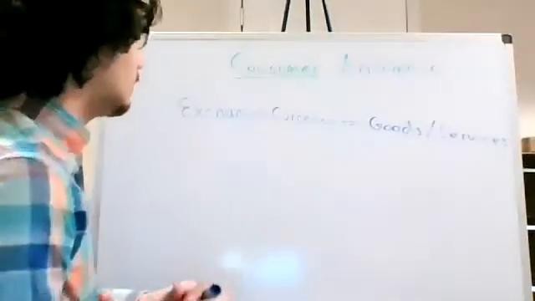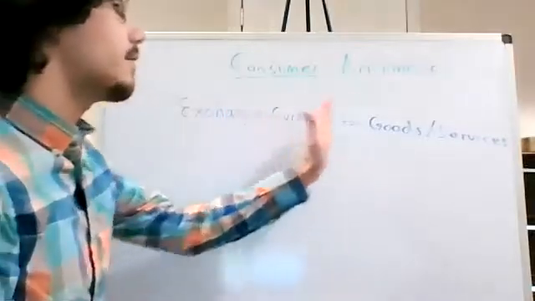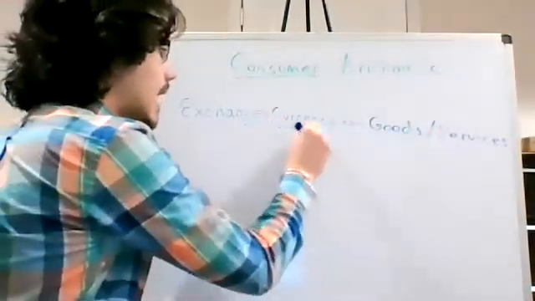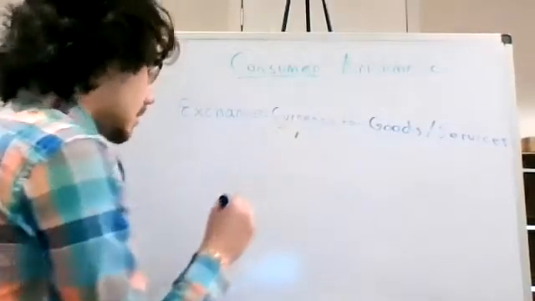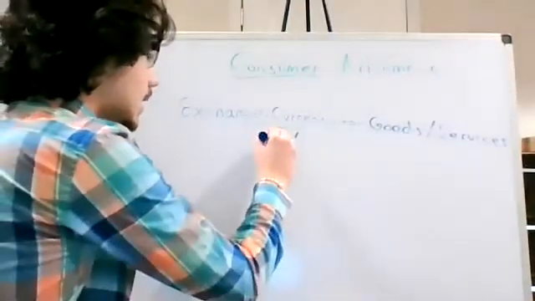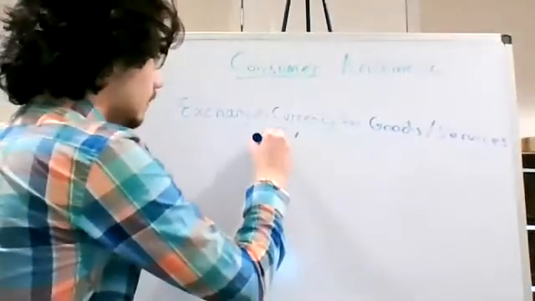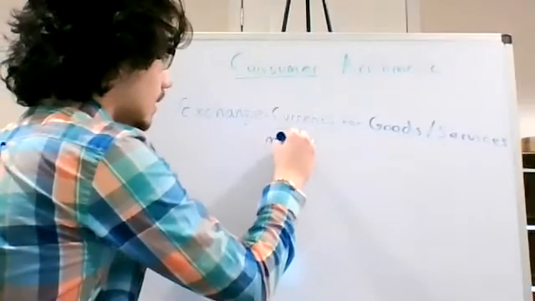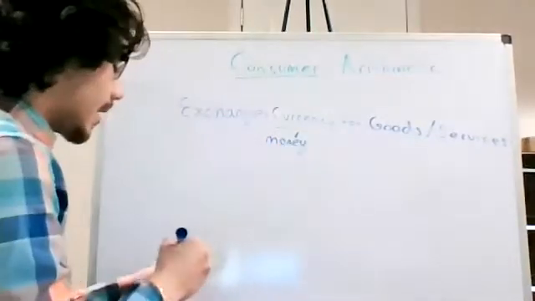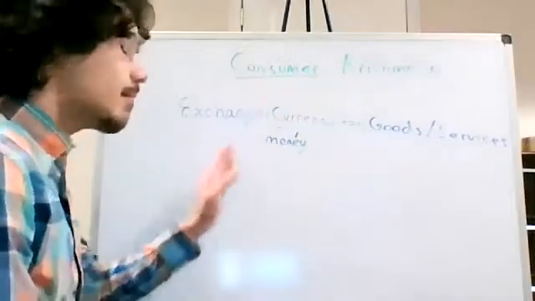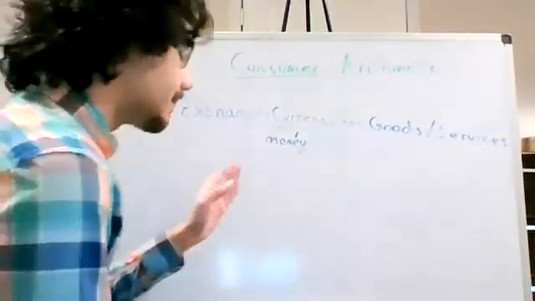Now, when we exchange currency for goods and services, the main thing we look at is currency, because currency is essentially money. And this is where all of the math comes in for consumer arithmetic, because money is special.